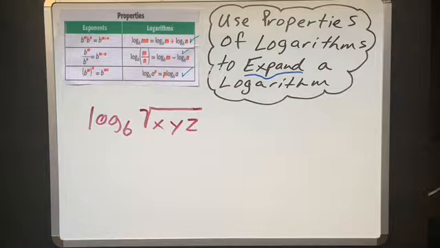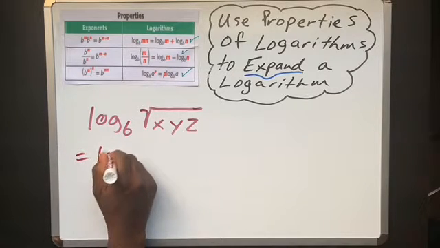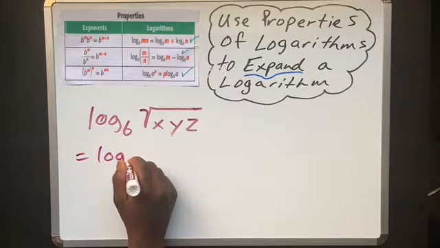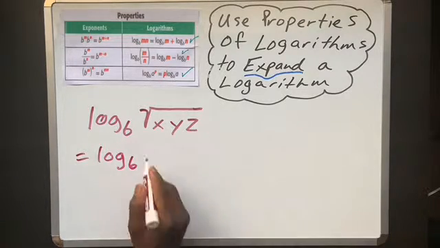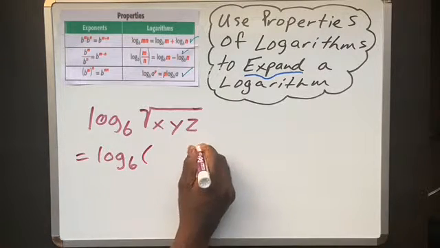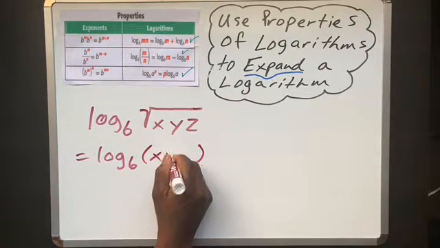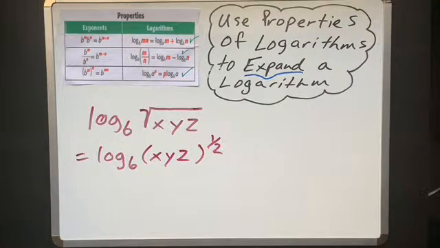Well, what we can do is rewrite the problem as log base 6 of, now when you have the square root of a number, you can write it as x times y times z raised to the 1/2 power.